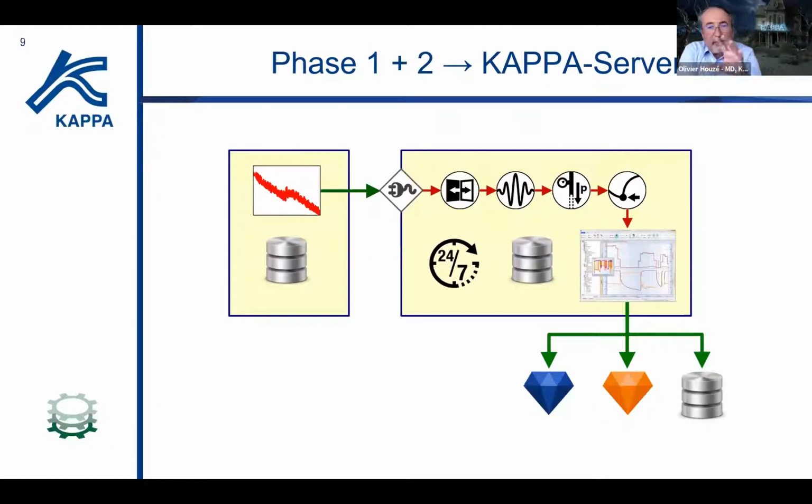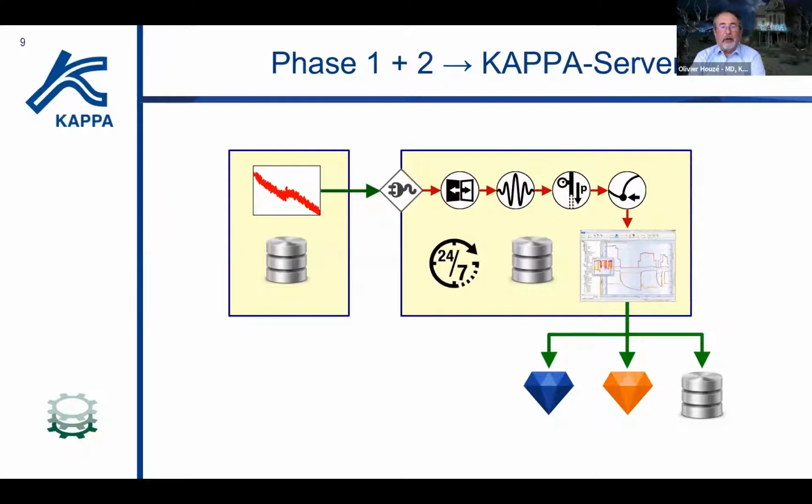And so the outcome of this two-stage automation, which was pretty basic but actually required some investment on our side, was what is KAPPA Server today, which is the client-server application that is being deployed now within many operators.